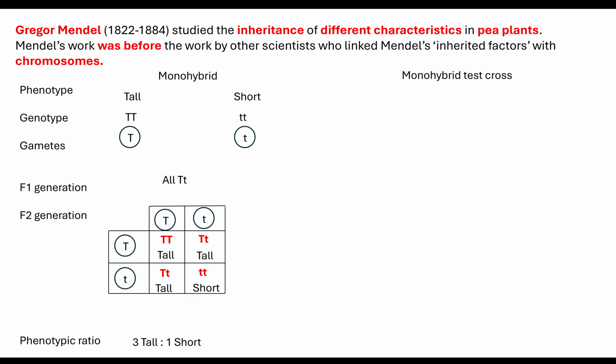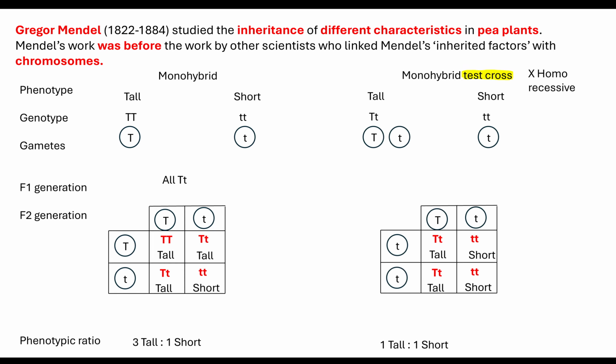What we do is what's known as a test cross. A test cross is where we take our tall phenotypic plant and cross it with a homozygous recessive. If the tall plant were heterozygous, when we cross it with a short homozygous recessive plant, our ratio changes.